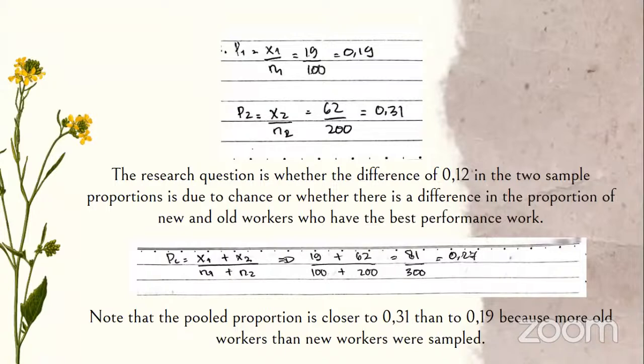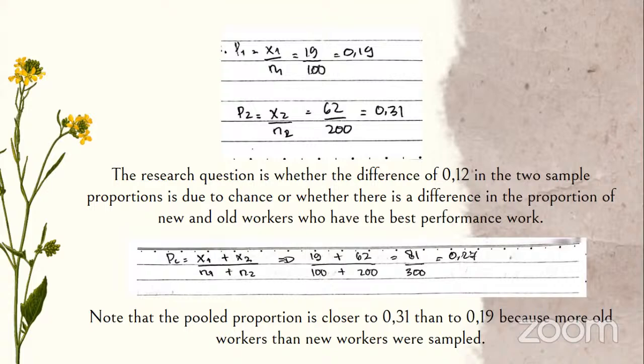Next, we're going to determine P1 and P2. P1 is for the new workers and P2 is for the old workers. So P1 is X1 divided by N1, which is 19 divided by 100. The result is 0.19.